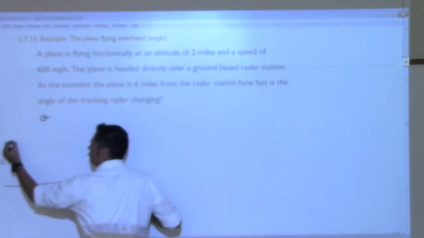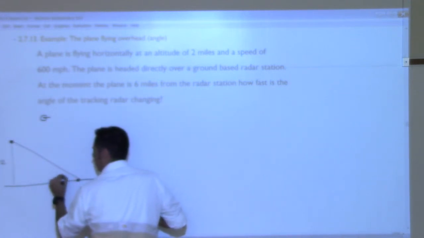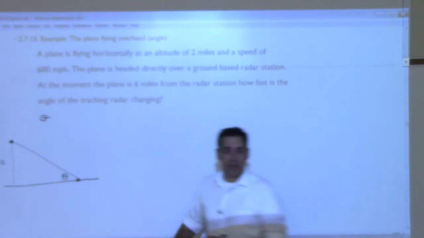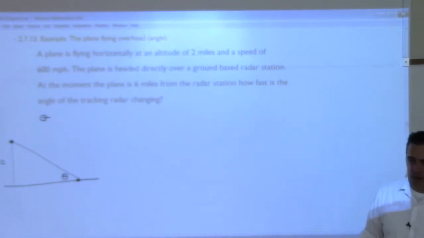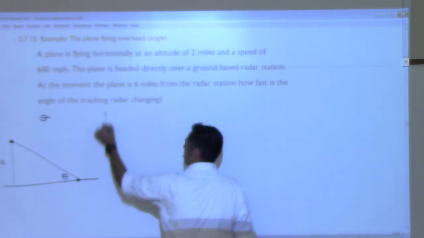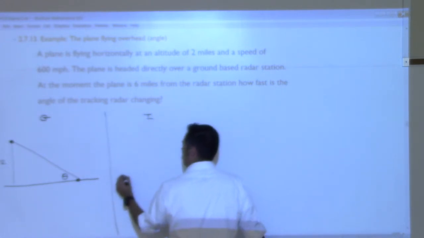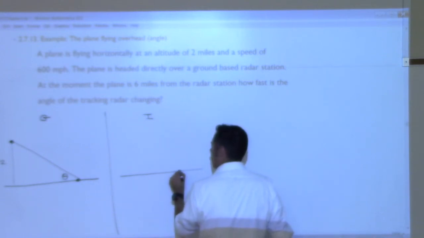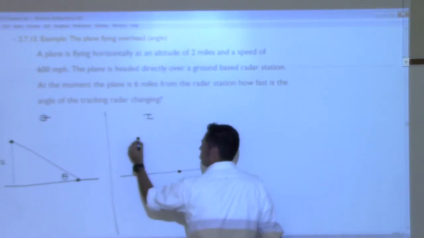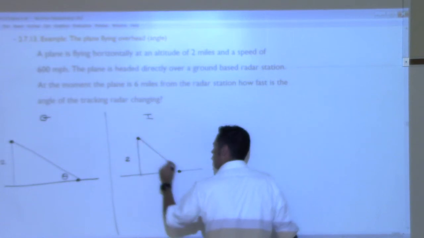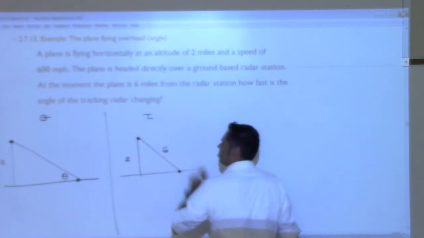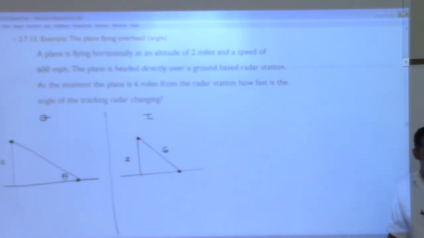So if we connect from here to here and call this theta, that's what we're interested in, that theta, right? Now the instant in time, we have the ground, radar, plane, 2. Here we have 6. Right?